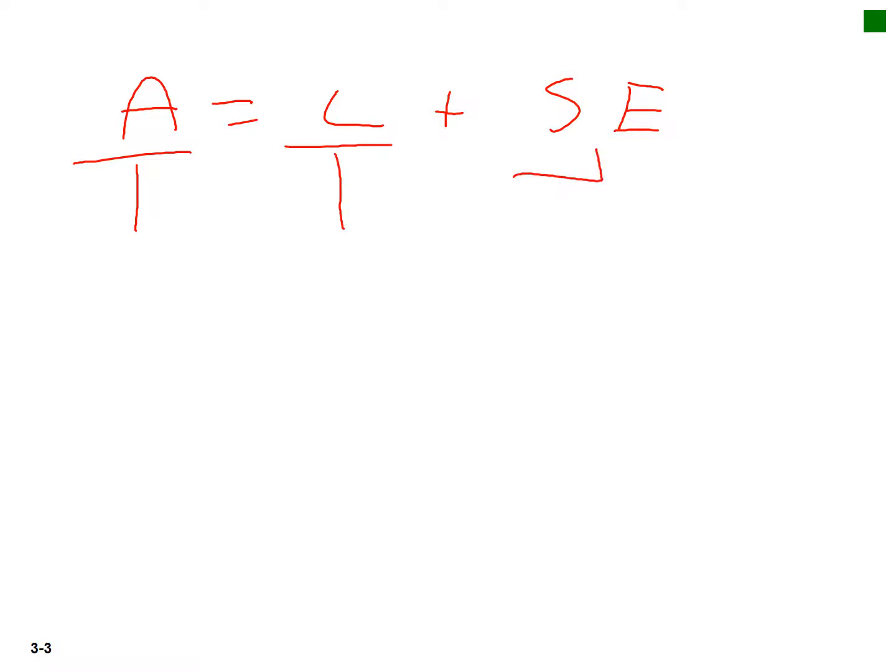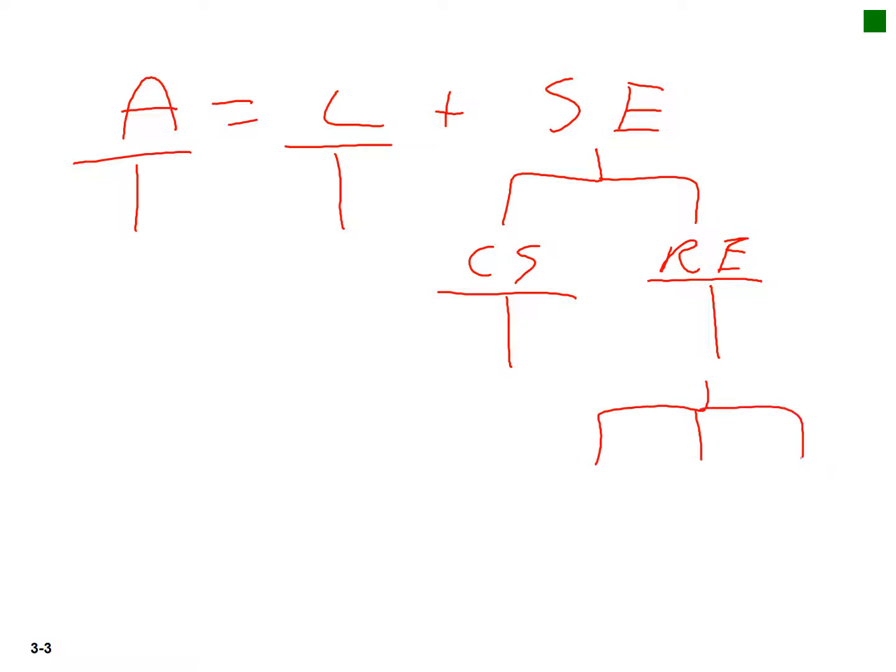Remember, we're still going to need to keep in mind our rules of debit and credit for our different types of accounts. Common stock and retained earnings is in our stockholders' equity, and of course our retained earnings is made up of our revenue minus our expenses minus our dividends.